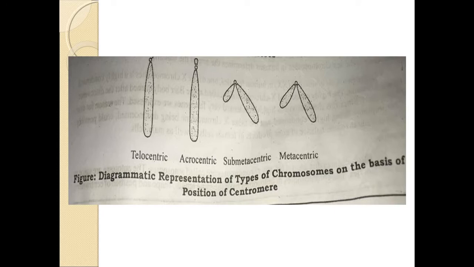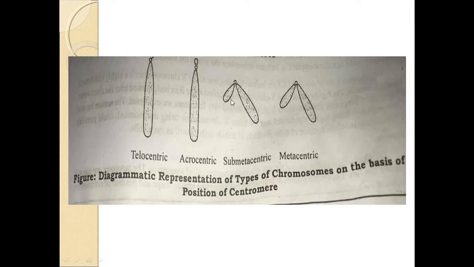Centromere, which is away from the middle point of the chromosome. In submetacentric, the length of the chromosome arms is becoming unequal.